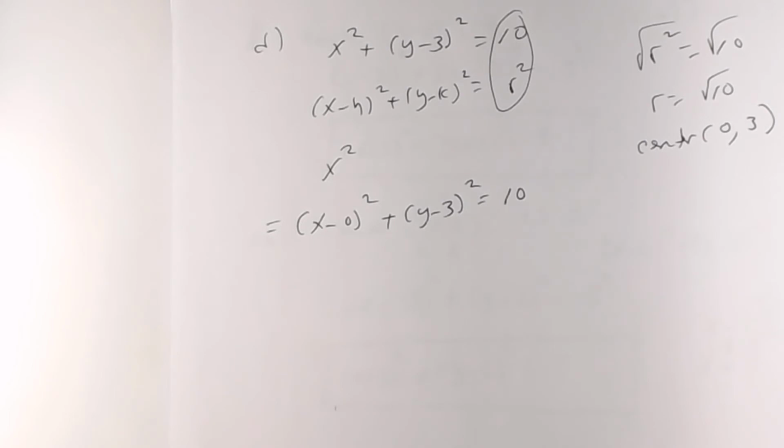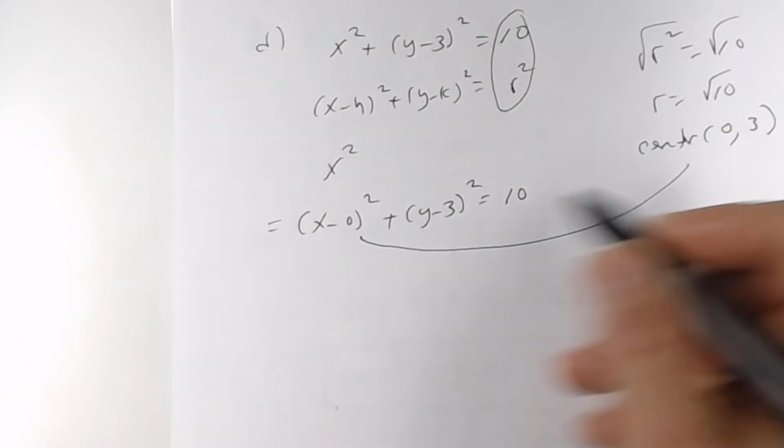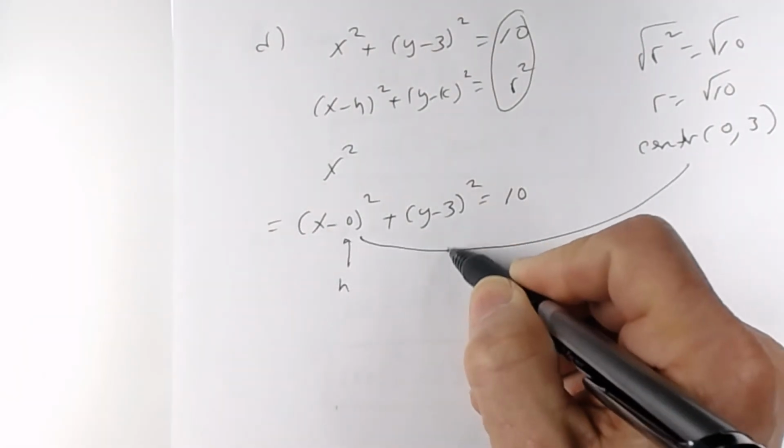What's h and k? 0, 3. Don't make the mistake of saying 0, negative 3 when you have the formula right by you. It's x minus h, y minus k. So this is your h, and this is your k.